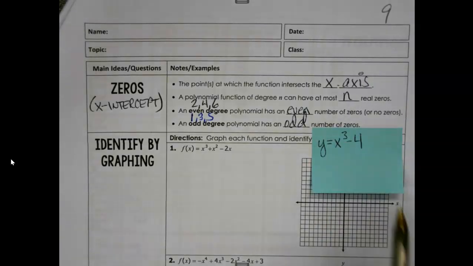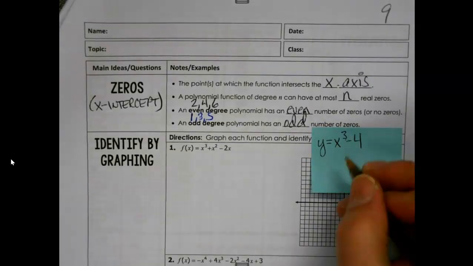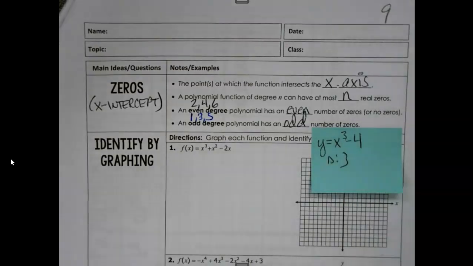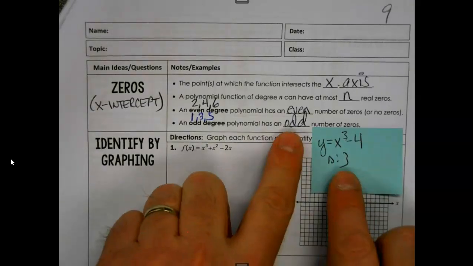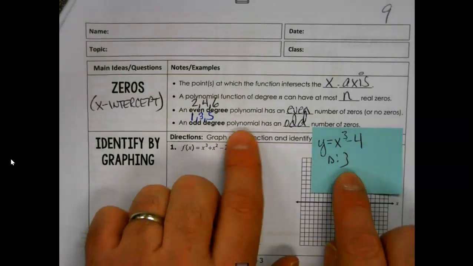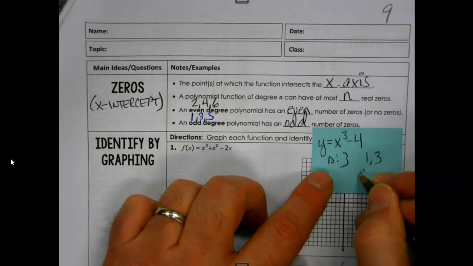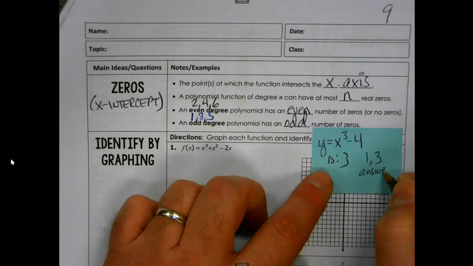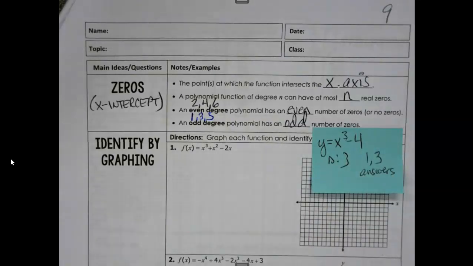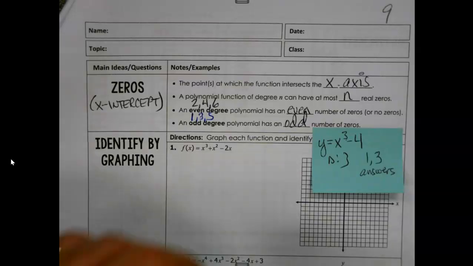Okay. My degree is 3. So this means since the degree is an odd number, you would have an odd number of zeros, which means this would have 1 or 3 zeros, or 1 or 3 answers to it, which seems strange, but that's going to lead into something.